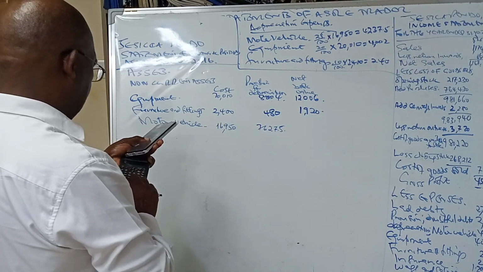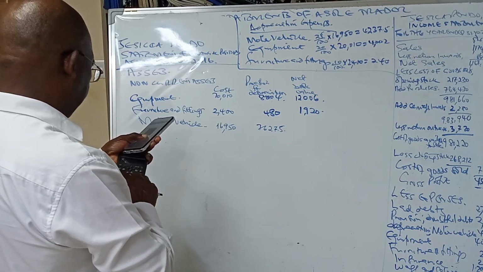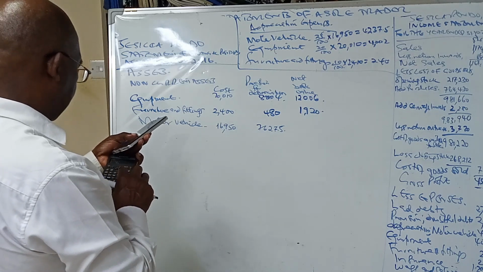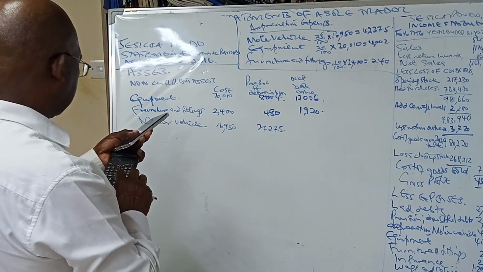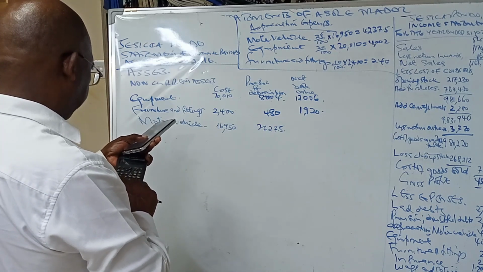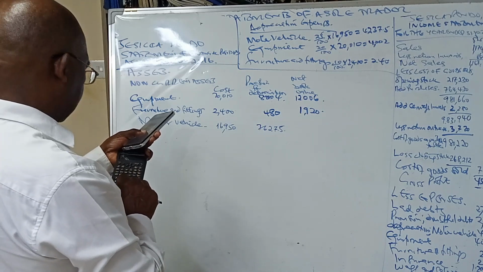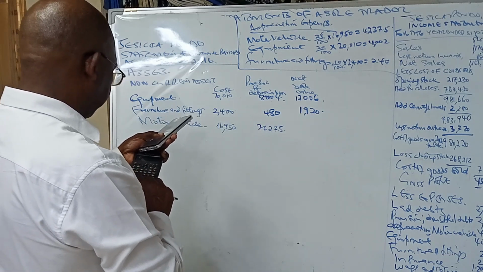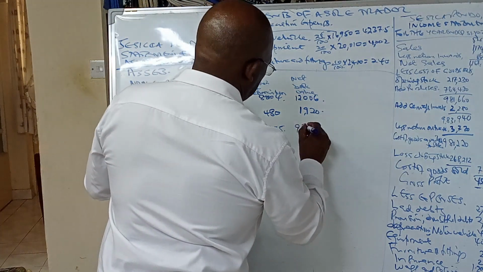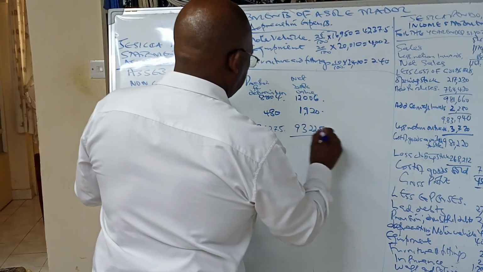The other one is 16,950 minus 7627.5, we get 9322.5.